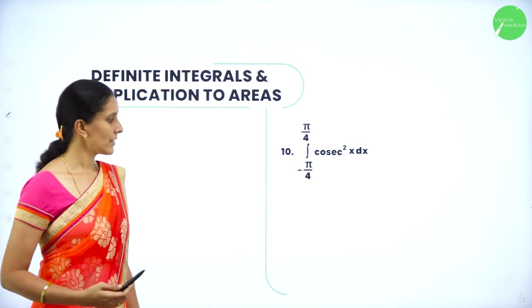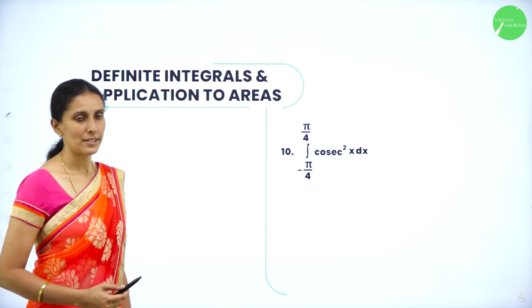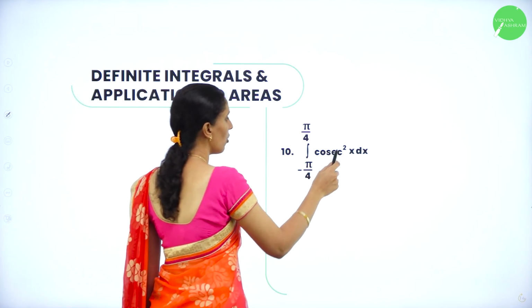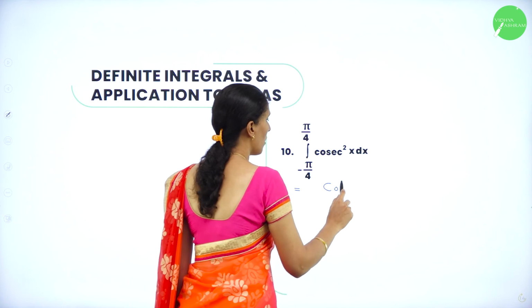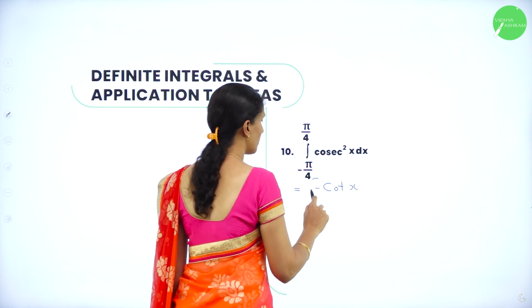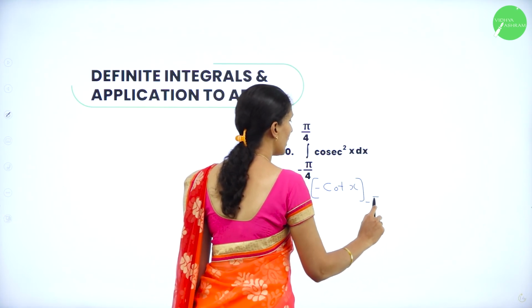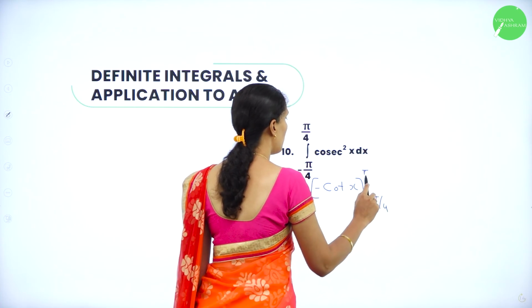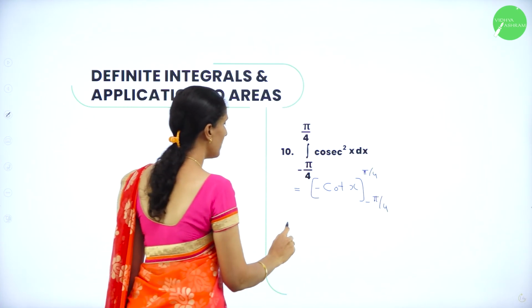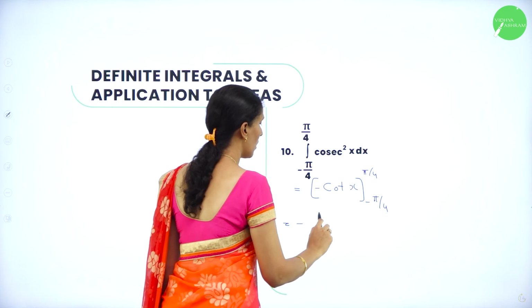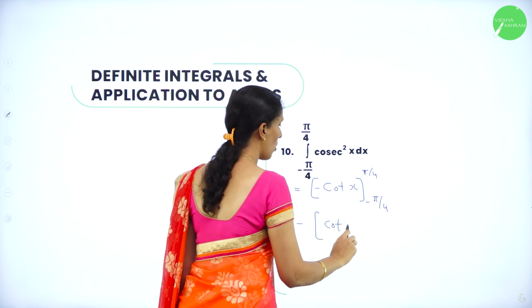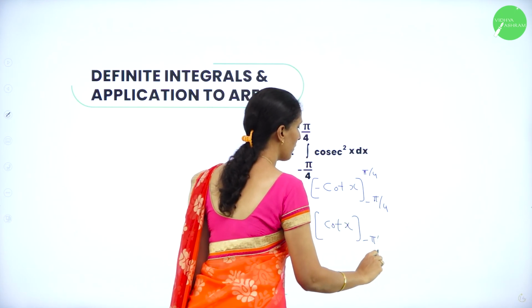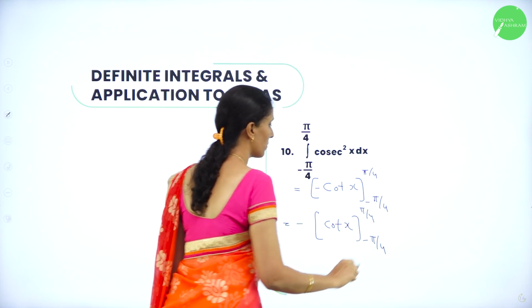Next one, cosecant square x dx from minus pi by 4 to plus pi by 4. We know the integral of cosecant square x is minus cot x from minus pi by 4 to plus pi by 4. So here let me take minus as a common factor outside. So I will take cot x from minus pi by 4 to plus pi by 4.